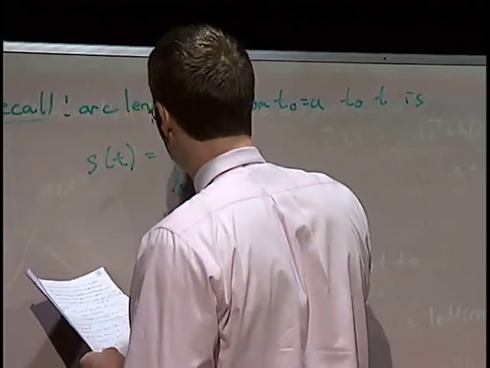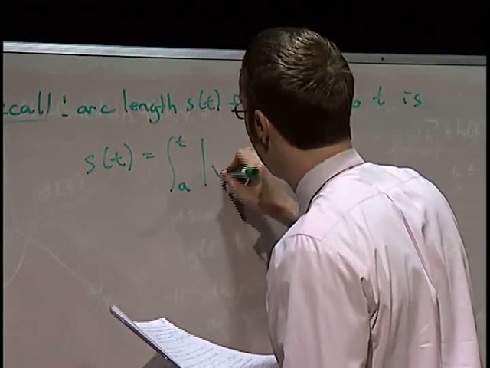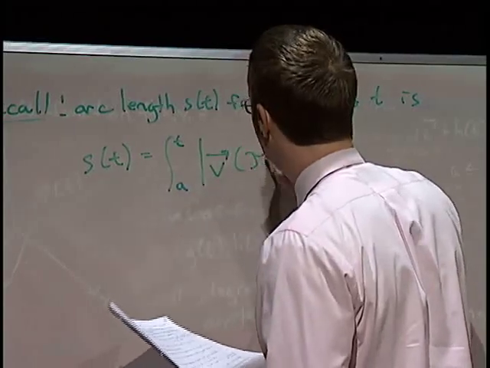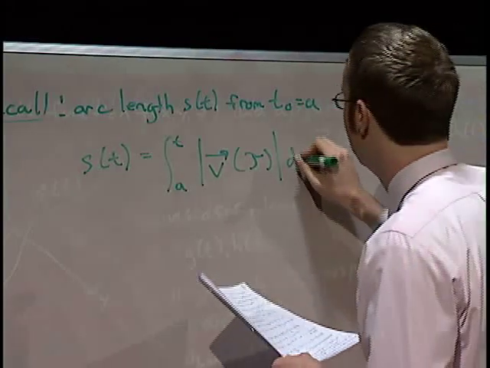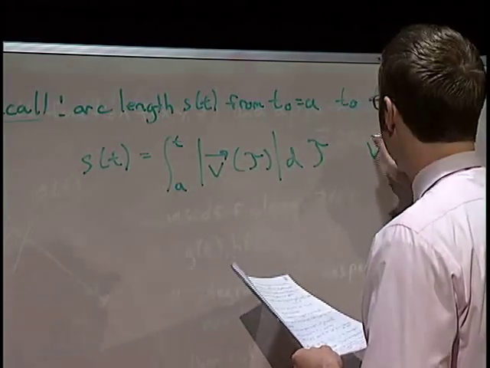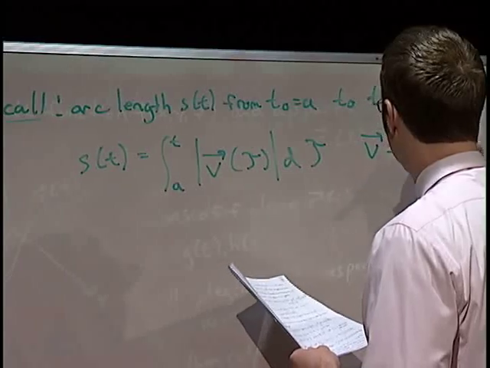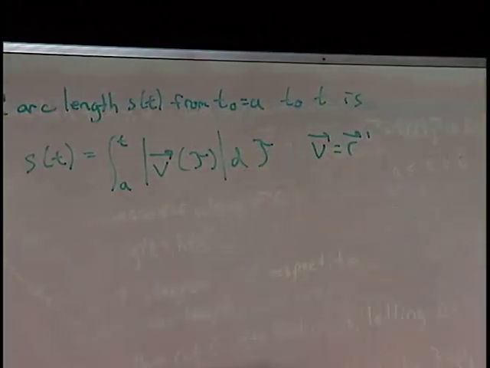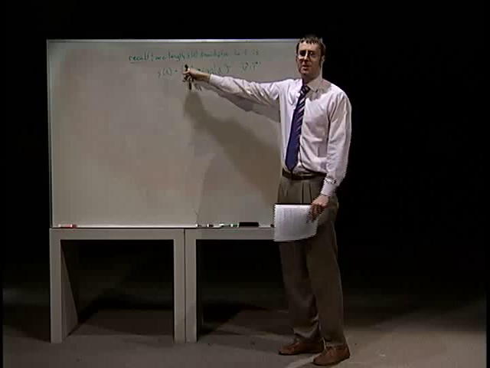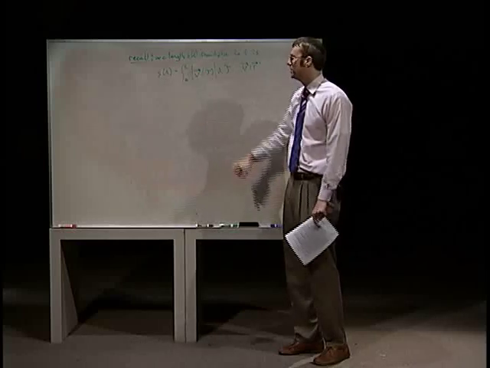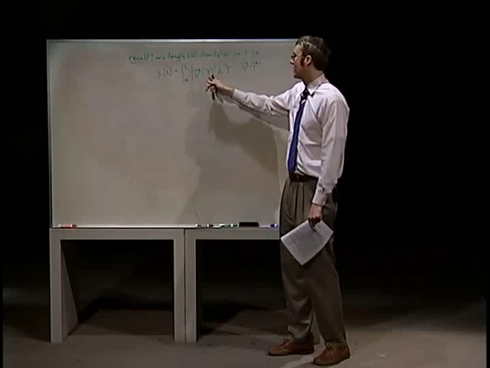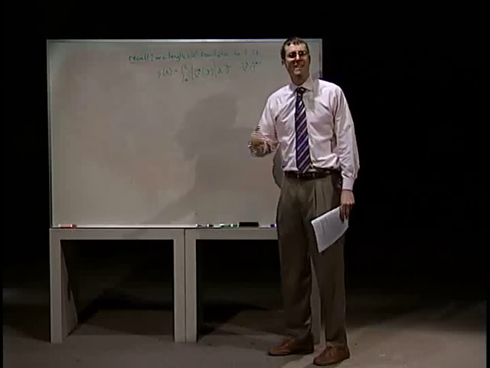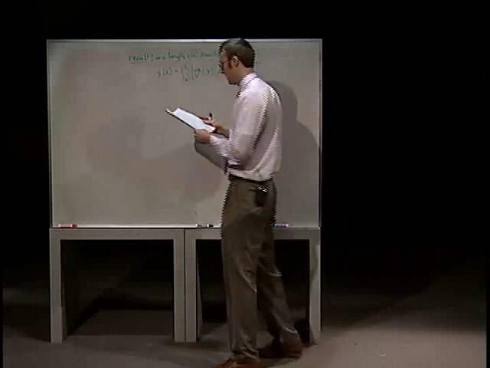It's the integral from a to t of the length of the velocity vector, v of tau, d tau. Remember that v is just r prime. And I use that tau because we had a t already up there. So tau is just a substitute variable, nothing to be worried about. But we already have t in the integrand, so we're going to use tau as a placeholder variable, just like we did in the arc length section.